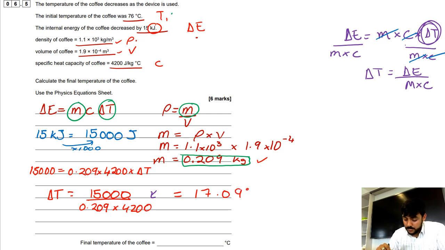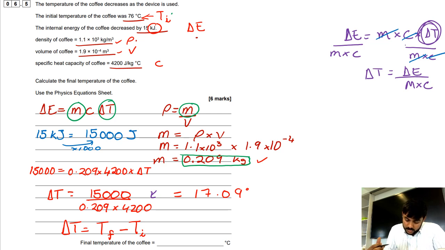That's my change in temperature. So what does change in temperature mean? Change in temperature is equal to the final temperature minus the initial temperature. And this, my friends, is the initial temperature.